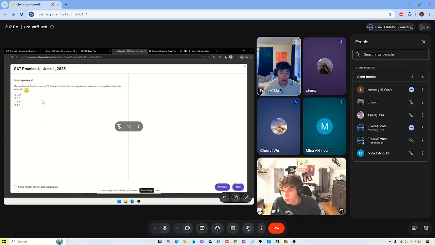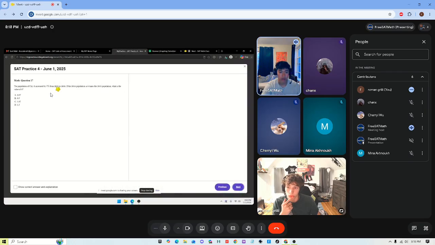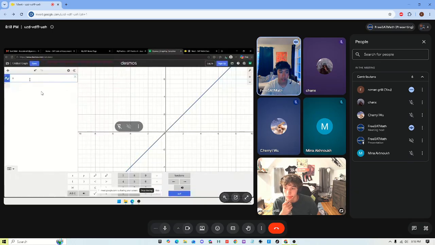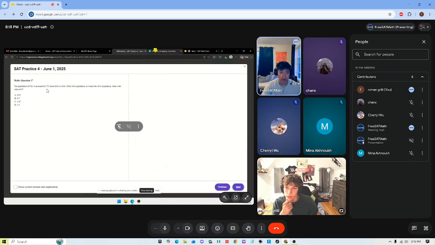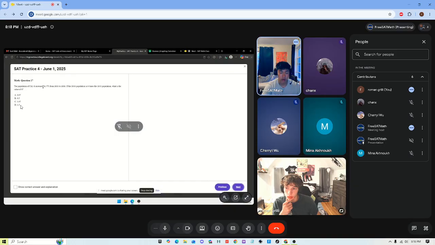Since the population of city A increased by 7% from 2015 to 2016, and if the 2016 population is k times the 2015 population, we're just looking for the value of k. So if we just put in Desmos, imagine the population of 2015 is just x. That means the population of 2016 would be 1.07 times x because it increased by 7%.